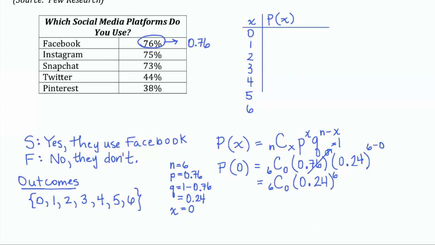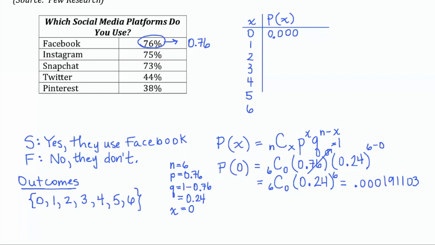When you type that into a calculator, you get this probability, which is a pretty small number. Technically, our original data was given to 2 decimal places, so I should round this to 3 decimal places. And to 3 decimal places, it's actually just 0.000.